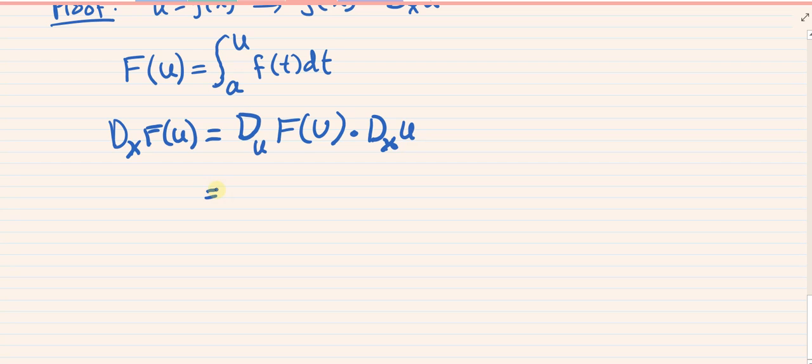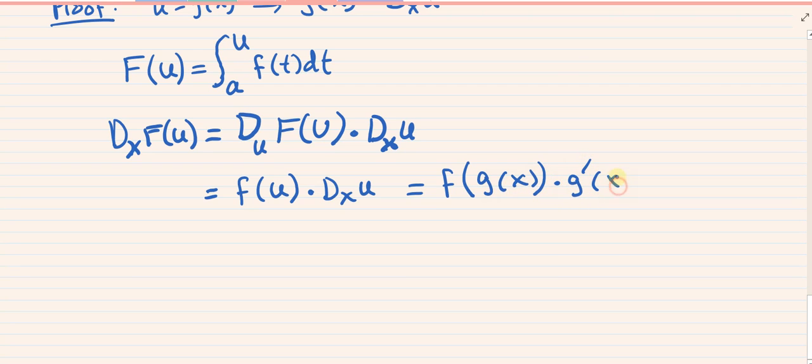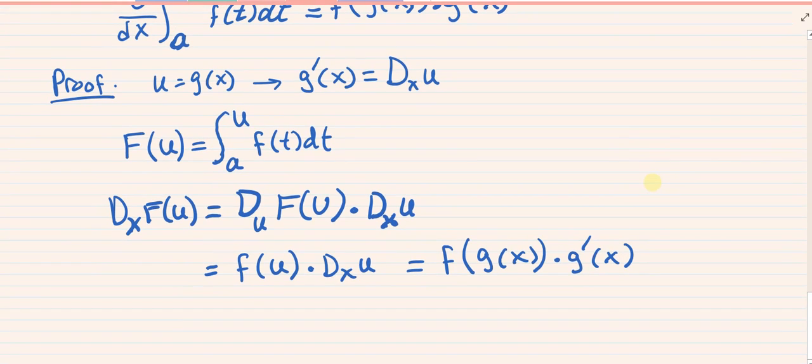And by fundamental theorem part 1, this derivative is just going to be the integrand, which is f of u, times du/dx by the chain rule. And f of u, but u was a function of x, so that's going to be f of g of x times g prime of x, right? That was our du/dx, that was up here. So there you have it.